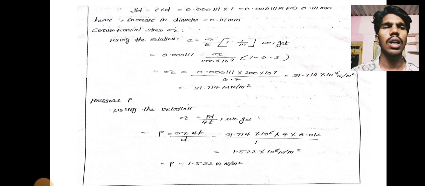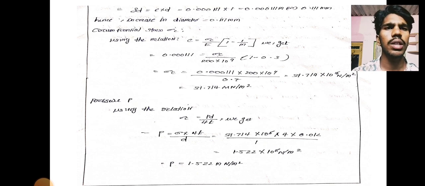Now they are asking to calculate the circumferential stress using the relation E equals sigma C by E into 1 minus 1 by m. By this equation we get the circumferential stress.